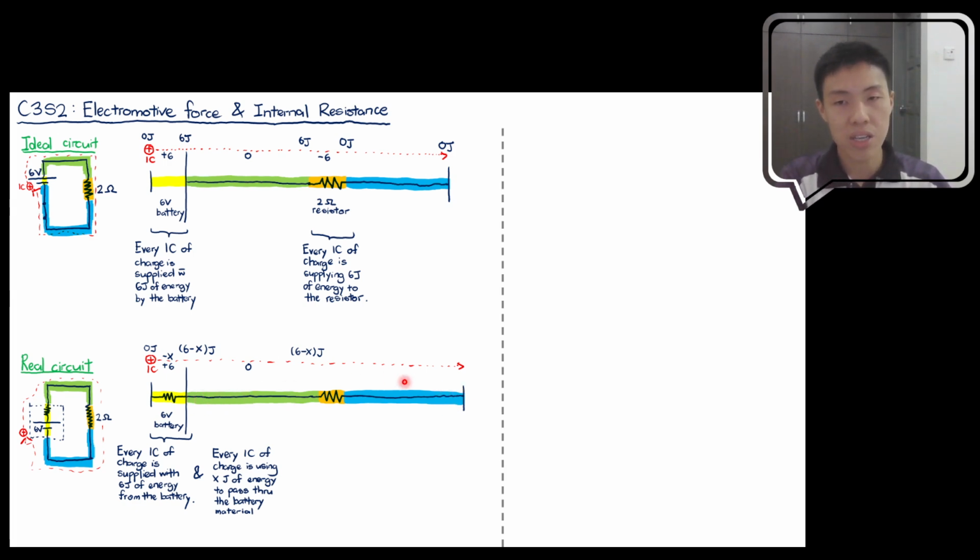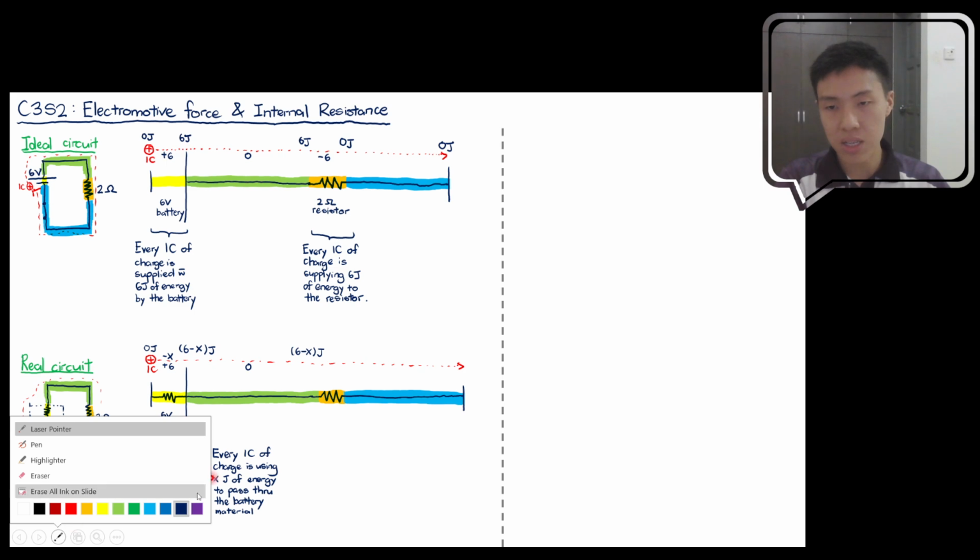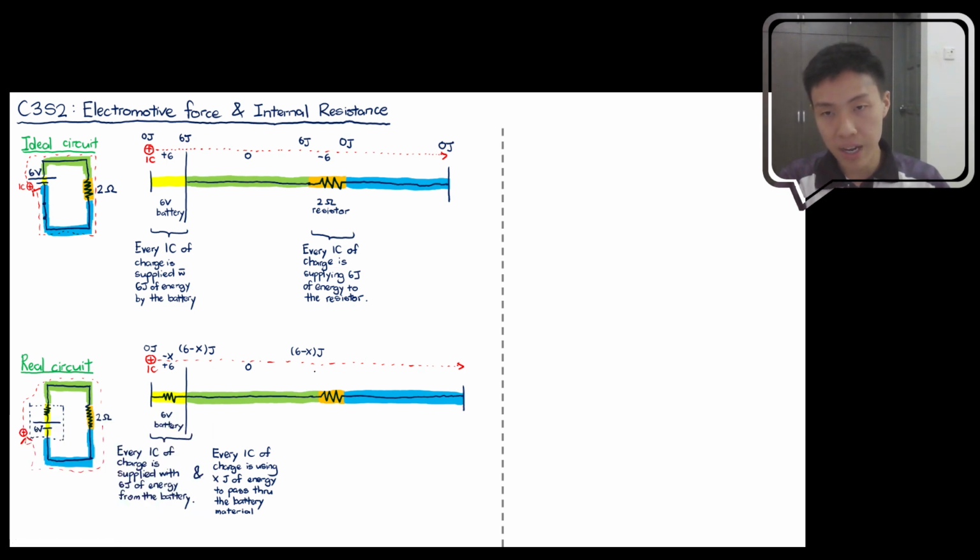In the whole external circuit, there's only one resistor to take up the energy. That means the whole 6 minus X will be passed to the resistor. So the charge will experience a net loss of 6 minus X of energy, resulting in it being left with 0 joule of energy coming back to the negative terminal.